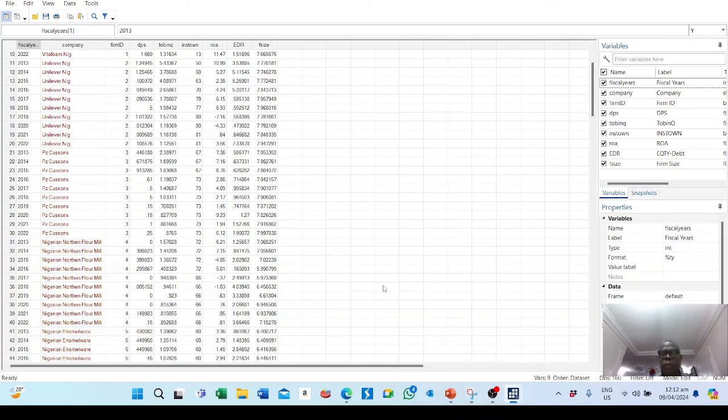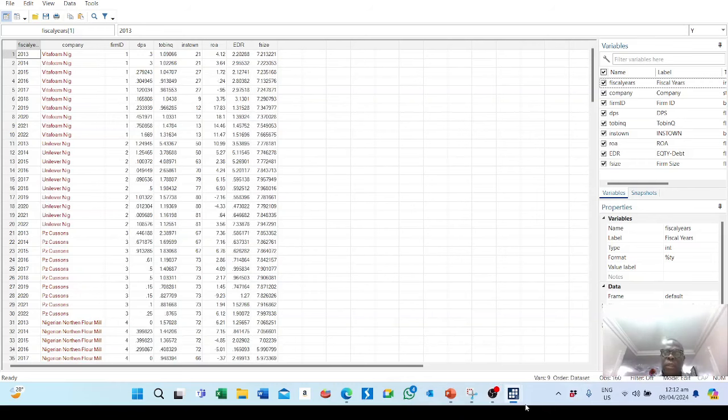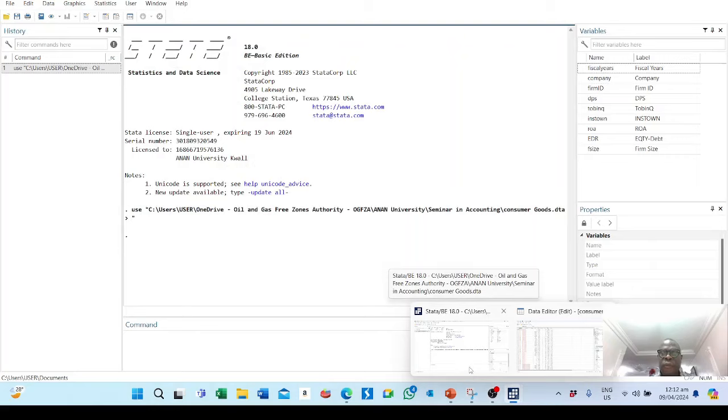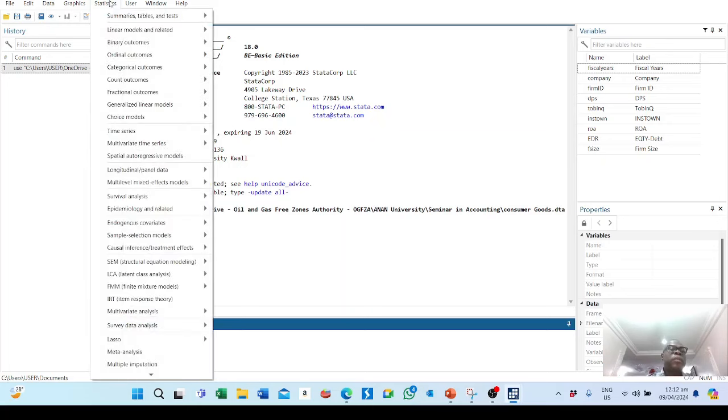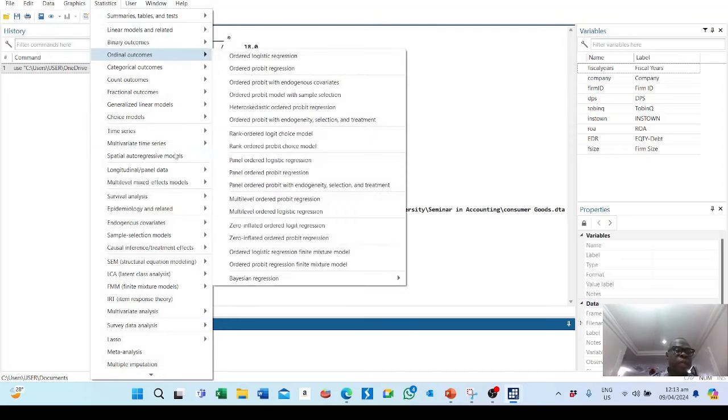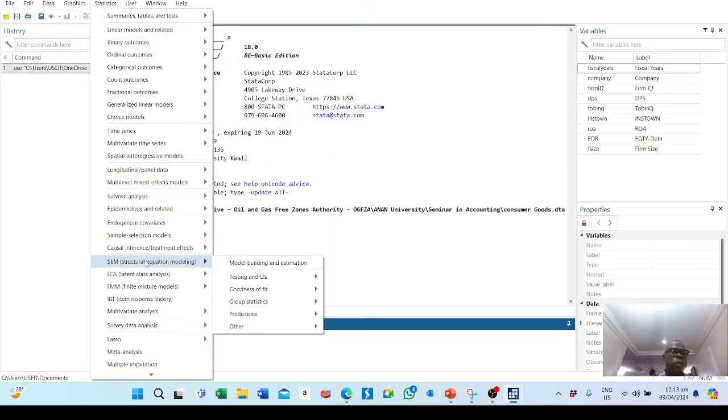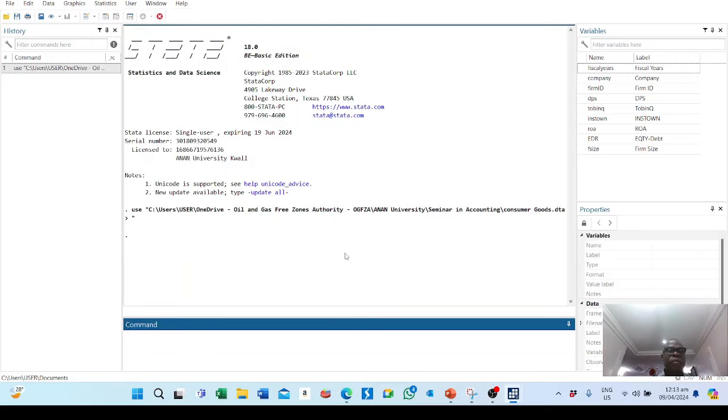We are still working with the consumer goods sector data that I've used in a previous video. So, for us to analyze the mediating effect, we need to use the SEM, that's a structural equation model. So we go through the menu and go for the model building and estimation.